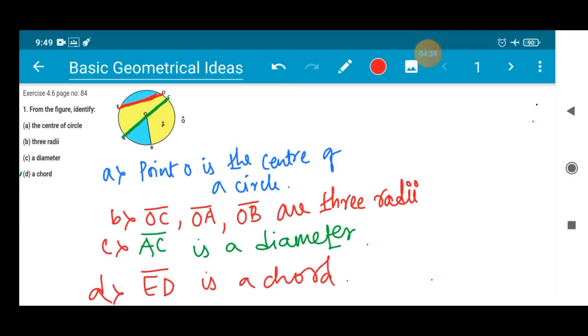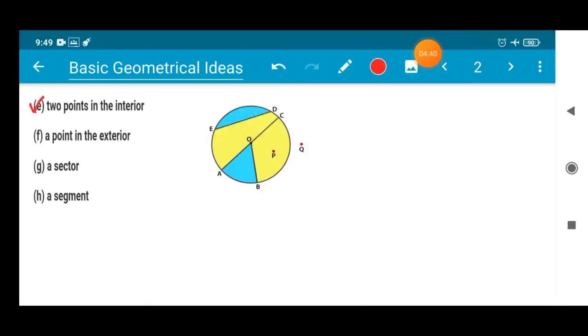Moving forward to E, two points in the interior. I have already discussed that in a circle you will have an interior region, that is inside the circle, and outside the circle is considered exterior. What are the two points in the interior? Point O, because point O is alone there.